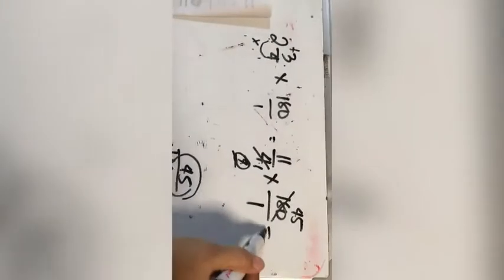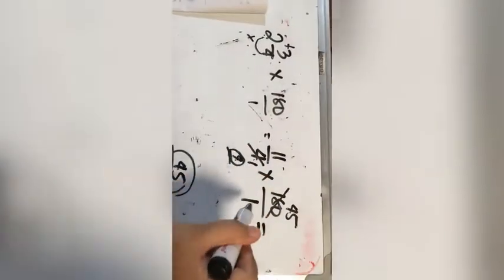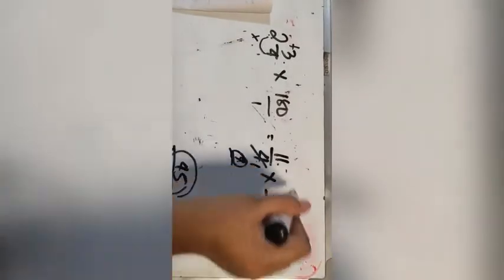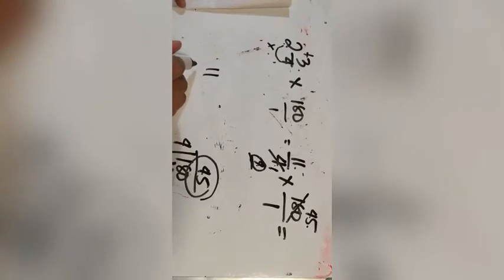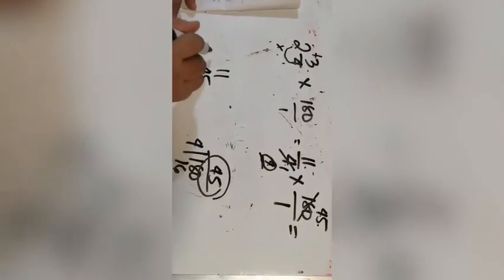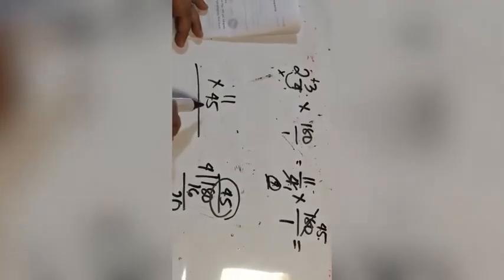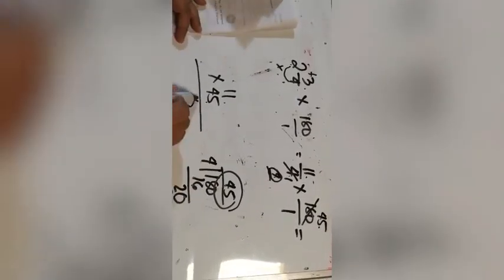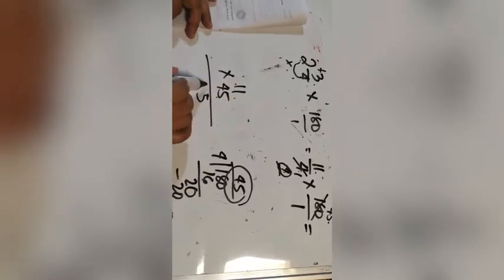Okay. After that, you multiply the numerators and denominators. So, 11 times 45 here. This is how you're going to multiply 2 digits by 2 digits. 5 times 1 is 5. Remember this, this is grade 4. 5 times 1 is also 5.